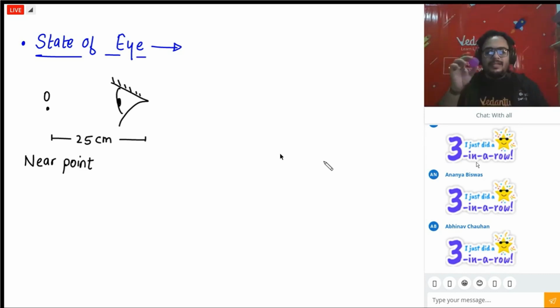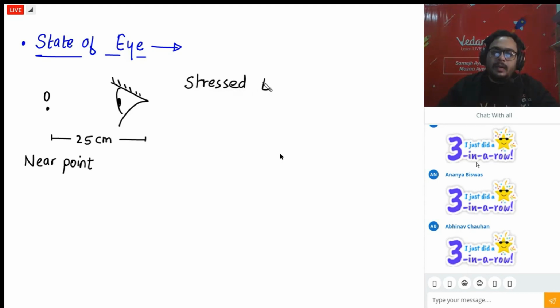If you decrease the distance more, things will not be visible clearly. If you can see something clearly and you place it 25 centimeters away, your eye is at maximum stress. So I can say stressed eye for clear vision.